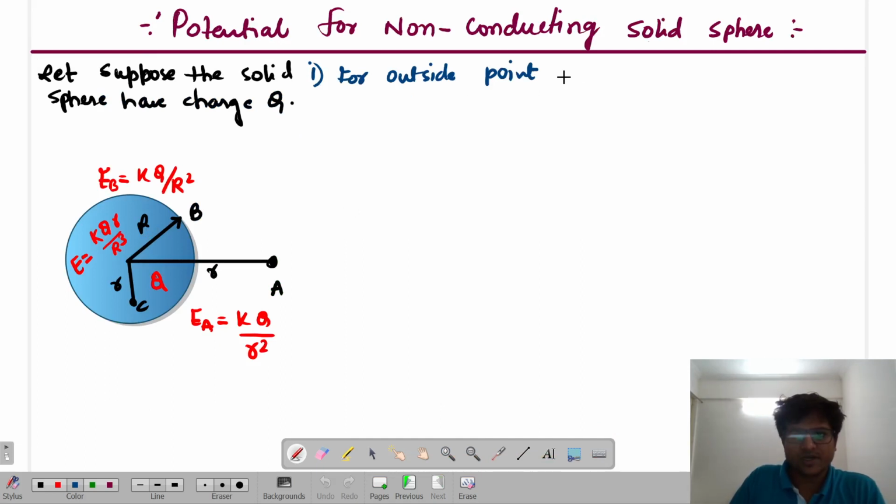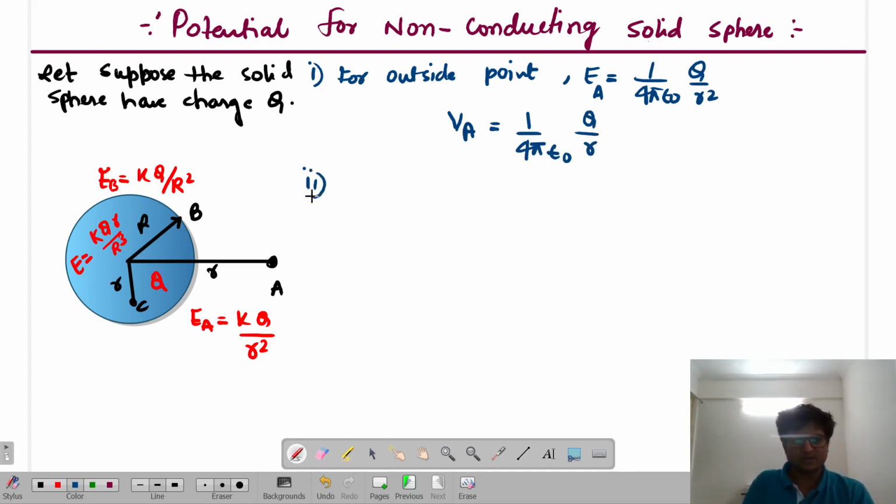So for an outside point, the electric field is the same. It follows the same rule, 1 by 4 pi epsilon naught q by small r square. So our potential will also be the same, 1 by 4 pi epsilon naught q by r. Is that clear?